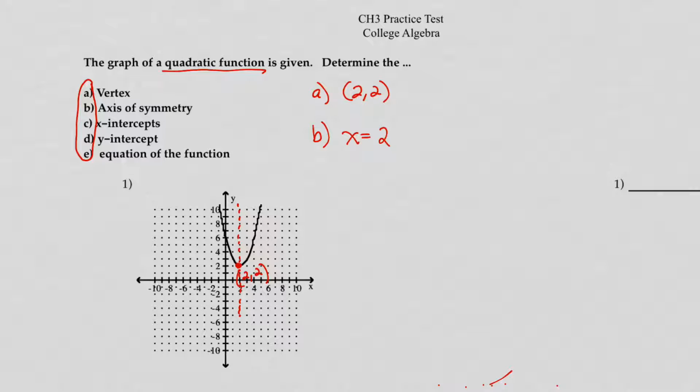And then our x-intercepts. Usually that would be the most work, but in this case we do not have anything to show, and so we're going to answer that there are no x-intercepts, so we can just put none.